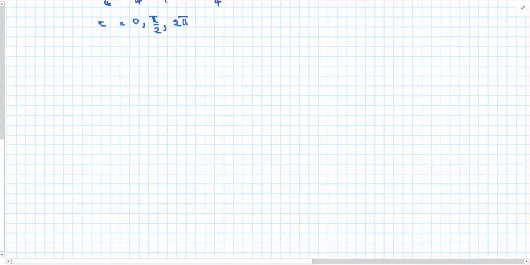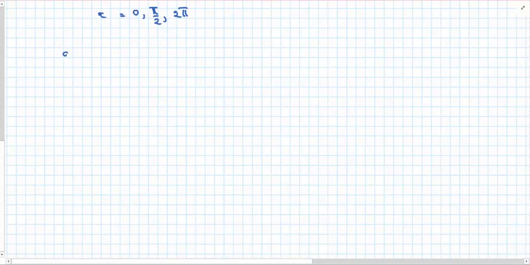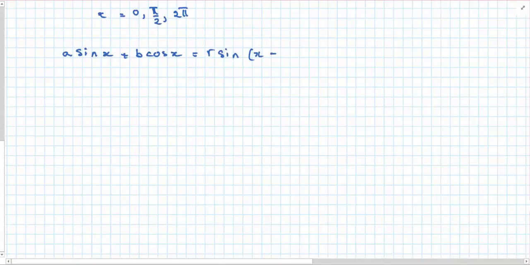So we had the plus case. Let's look at a sine x plus b cos x equals r sine x plus alpha. Then we will have a sine x minus b cos x equaling r sine x minus alpha.